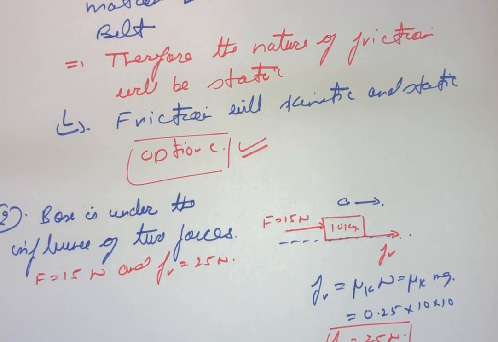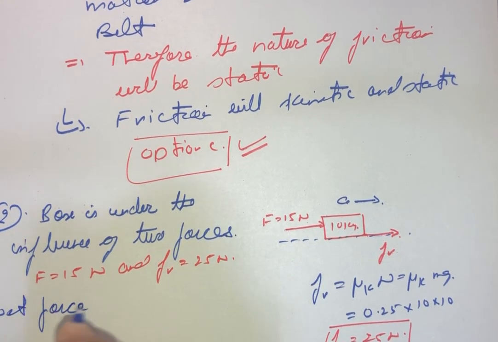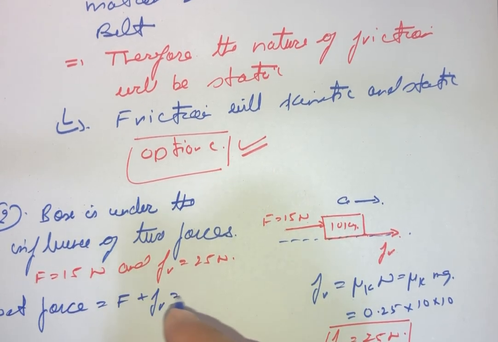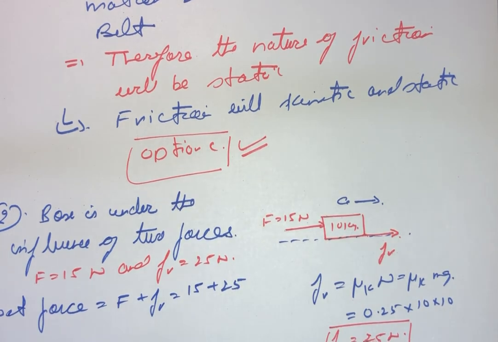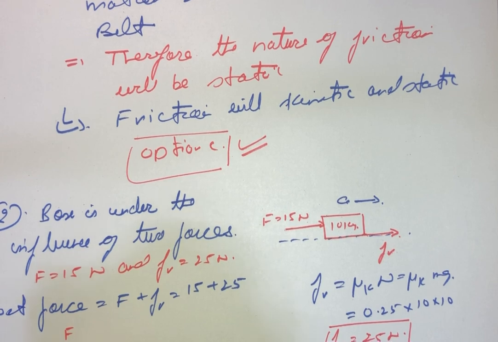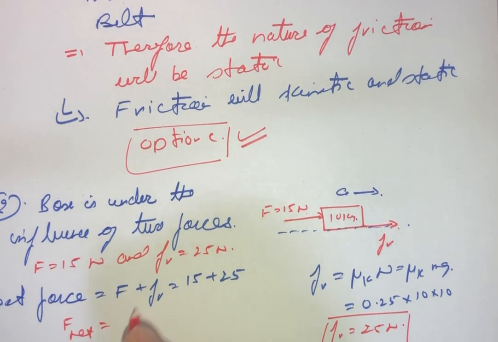We can see the net force, as they are in the same direction, will be F plus Fr, which is equal to 15 plus 25, so F net is equal to 40 Newton.